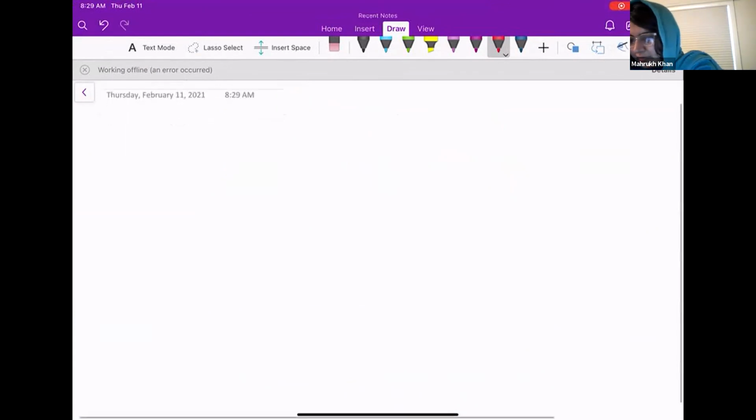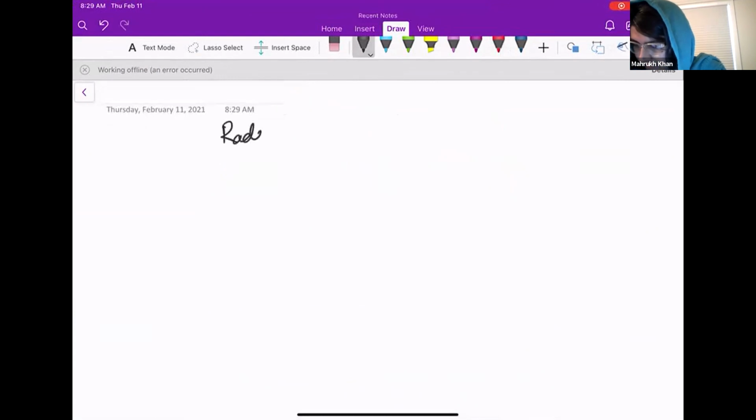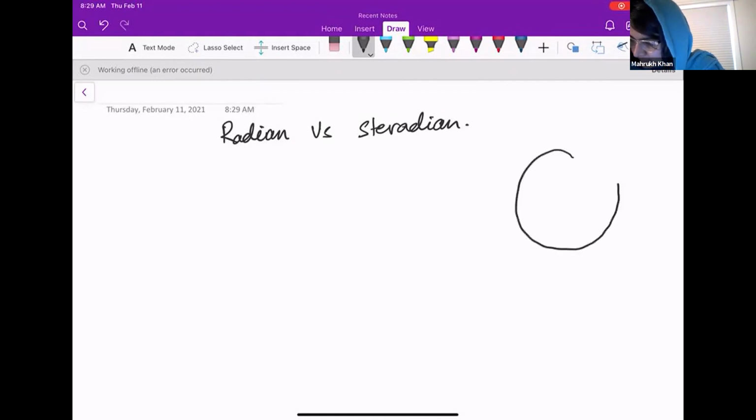So what I was saying is, what is radian and steradian? Radian is, if I have a circle with an angle theta, and this is R and this is S, then S is equal to R theta, right?